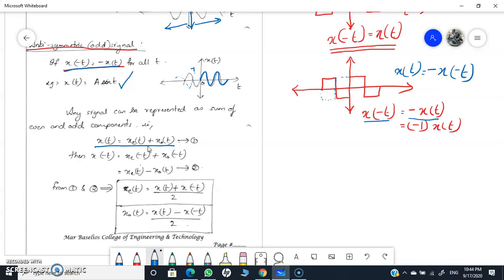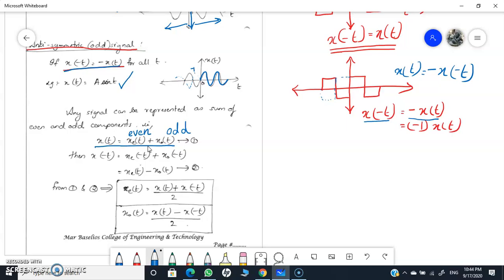Here xe of t is known as the even component, and xo of t is known as the odd component. So if I can find the even and odd component of a signal, the original signal will be equal to the sum of the even component and odd component.